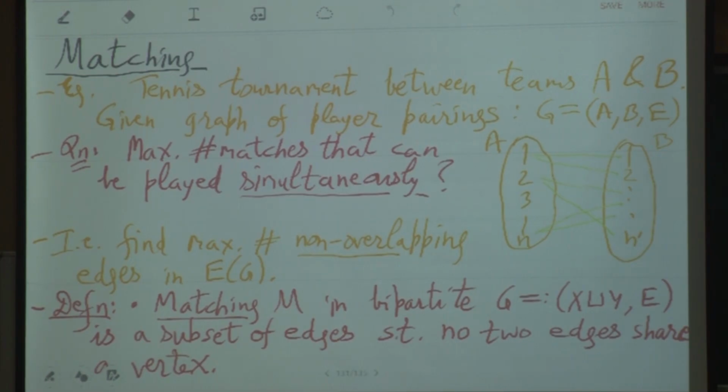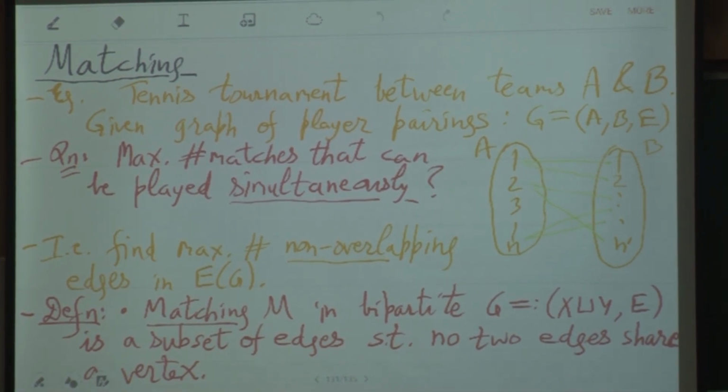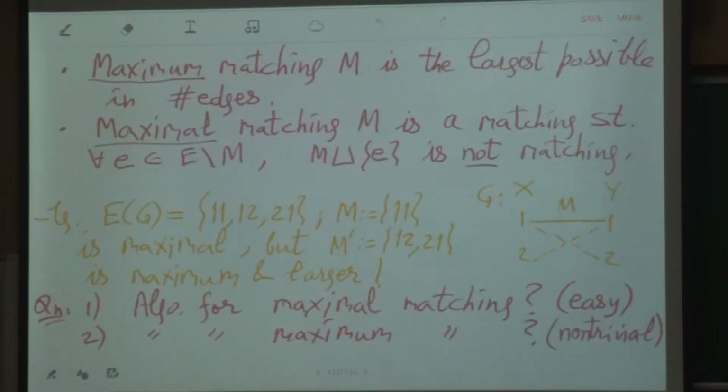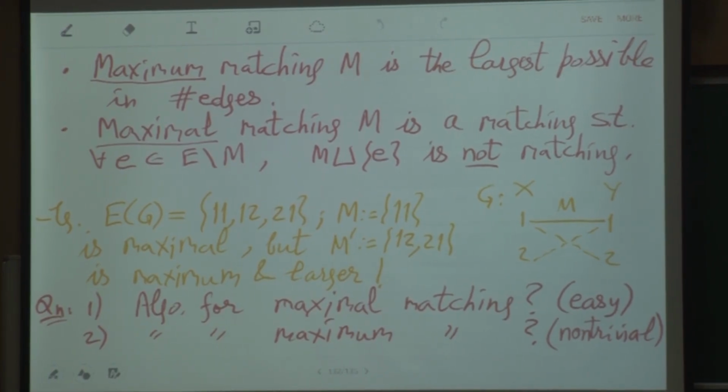And the question is to find the largest subset of edges that are disjoint. They have disjoint endpoints. So that is the question of maximum matching. And there is an easier question of maximal matching.